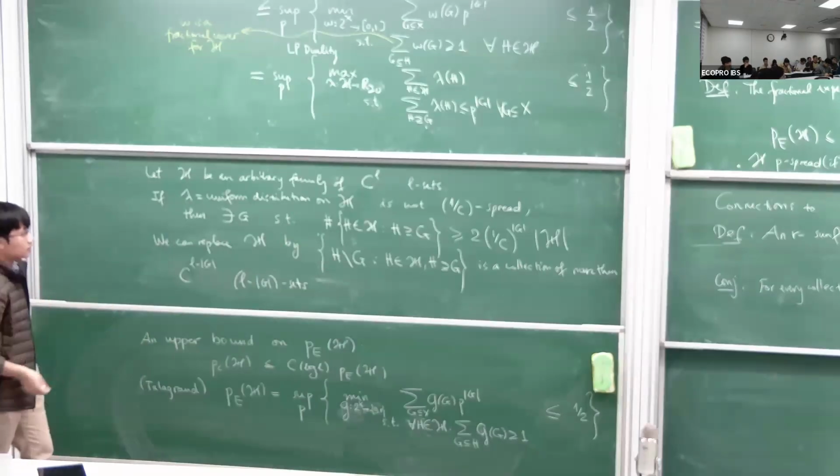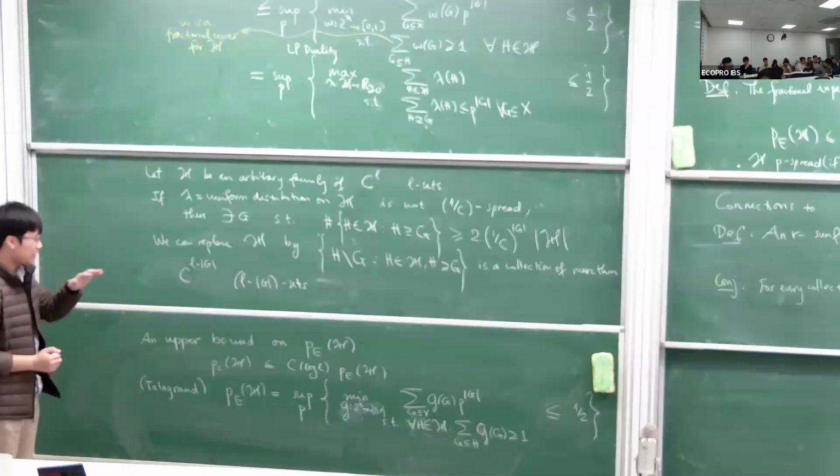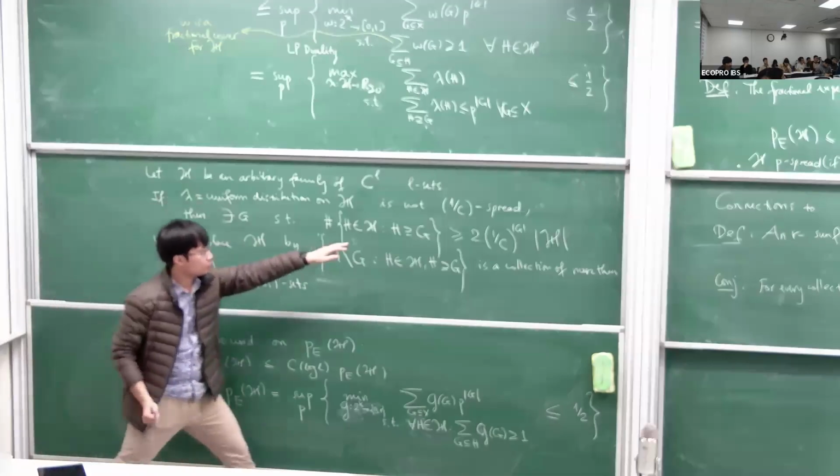So in particular, this will tell us that if we want to prove the sunflower conjecture, then we can just assume for free that the family H has this 1 over C spread property.